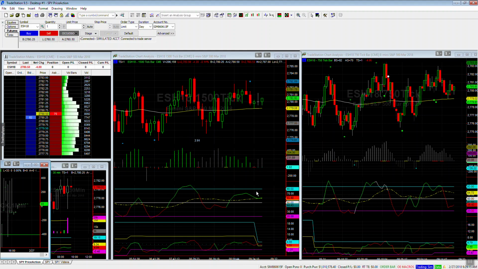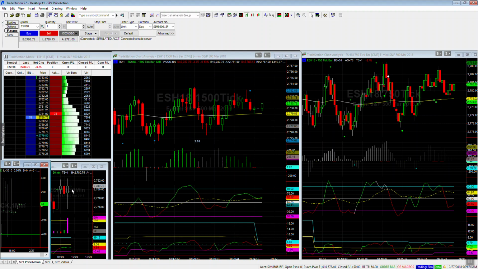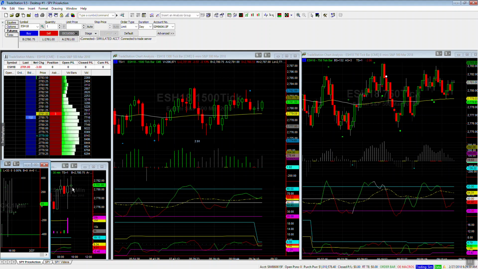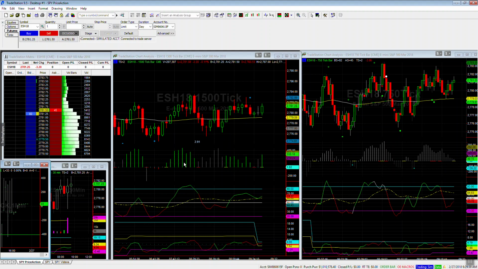The inflection line and the momentum line are both above it, so that's giving more credence to this magenta line. That just went from red, and now, well, it's struggling here with supply and demand. Now it just went green, even though on the energy we know the green bars are strength and the red bars are weakness.